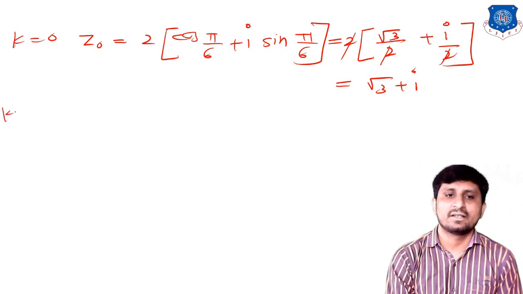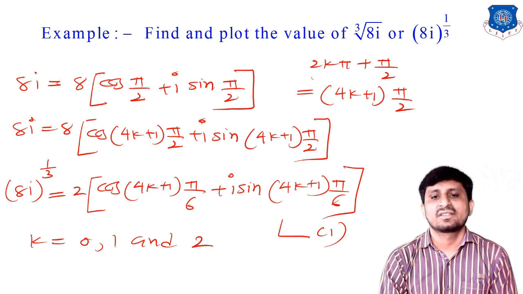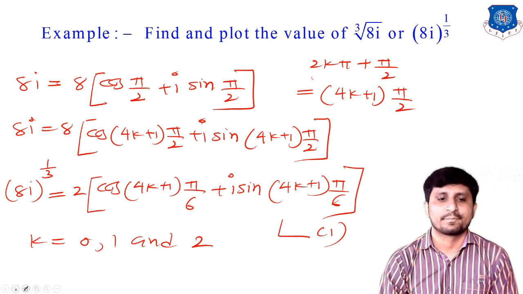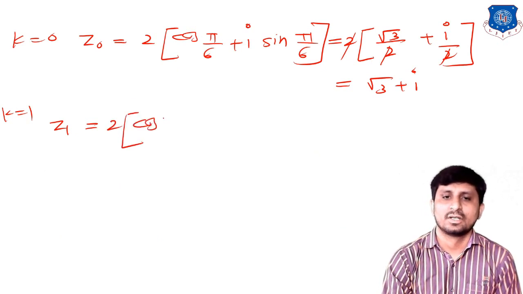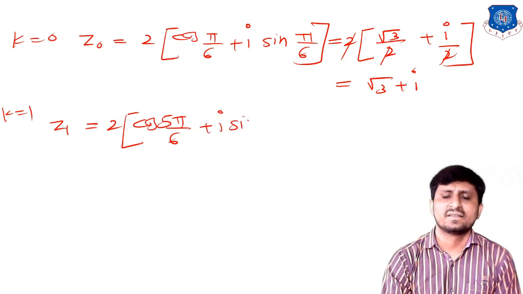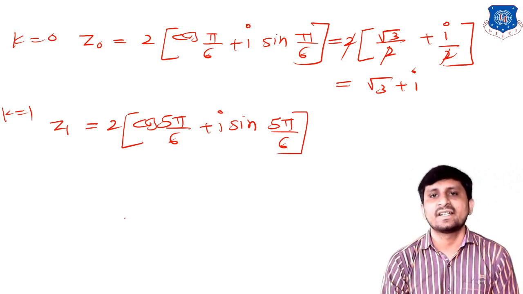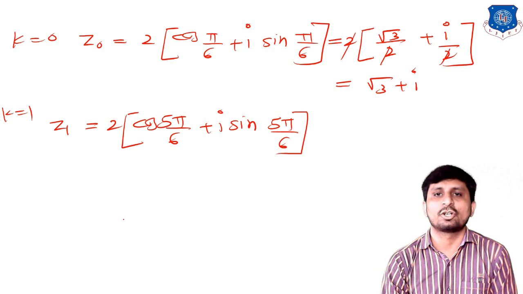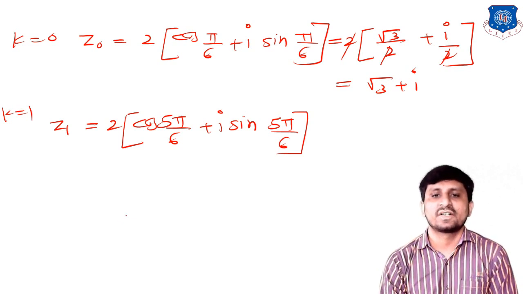Now let's take k equal to 1. So z1, when we take k equal to 1, we get cos 5π/6. So this is equal to 2 into cos 5π/6 plus i sine 5π/6. Now 5π/6 can be written as π minus π/6, which means you are in the second quadrant, and in the second quadrant sine is positive and cos is negative.